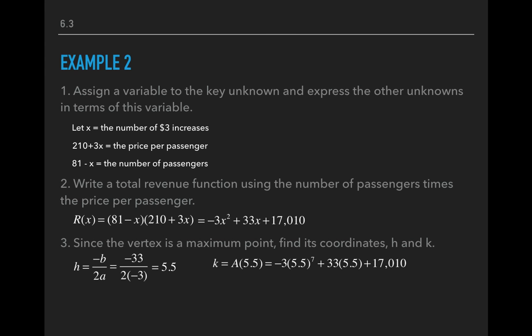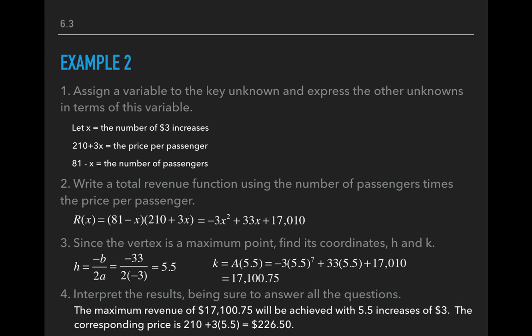If you take your calculator, you can figure that out pretty quickly. Ooh, I put a 7 right there. That is not correct. That should just be a 2. Sorry. Okay, so altogether, we're looking at $17,175.